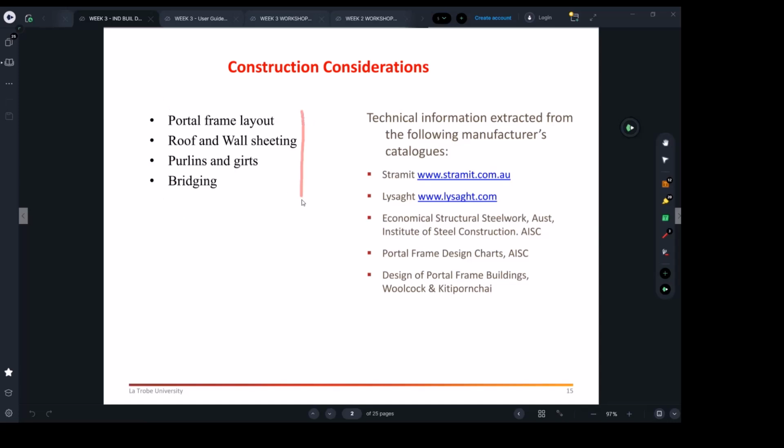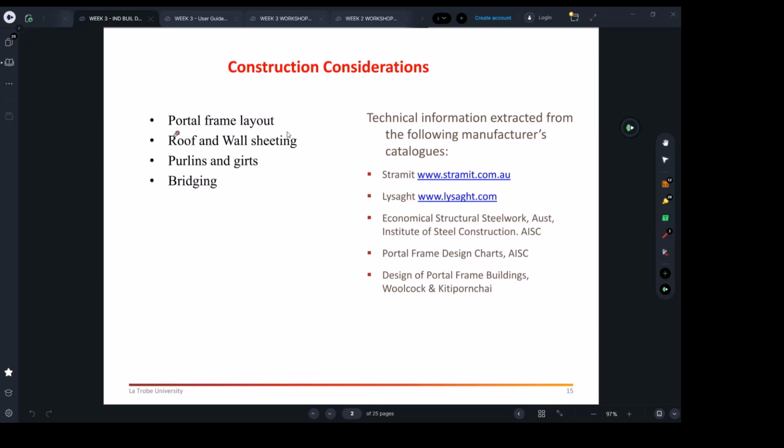So we're going to run through these items and talk about their construction considerations. Same thing, portal frame layout, which we started talking about last week when I said to you there are different ways of deciding on how to place the bracing at roof level. It depends, again, on the architectural impact.